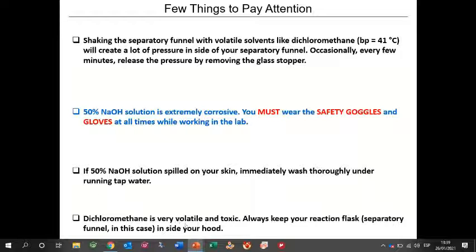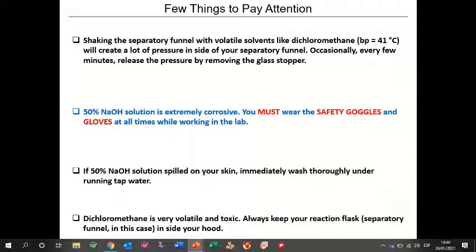DCM is a very complicated solvent. It's very volatile and toxic. You always want to keep your reaction flask inside your hood. And this is very important.